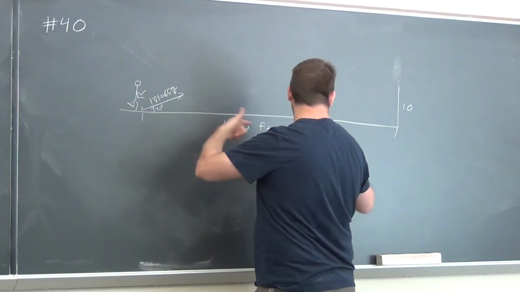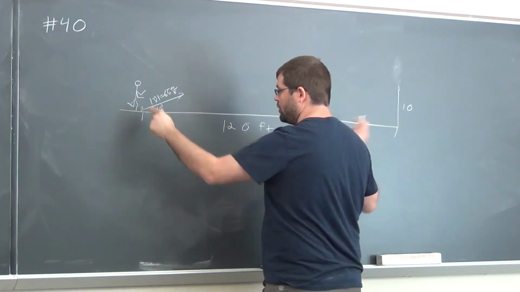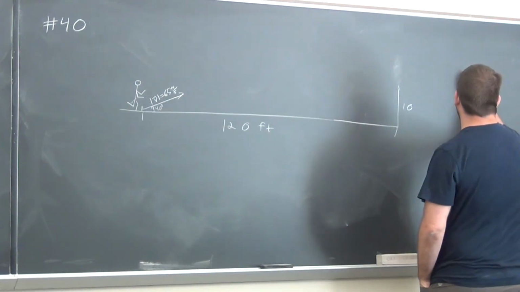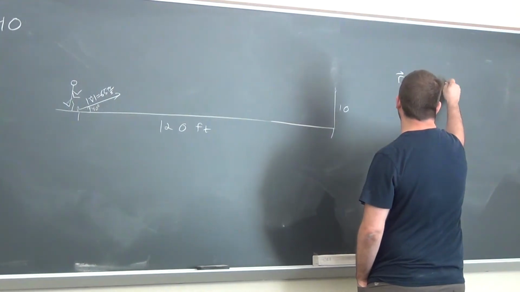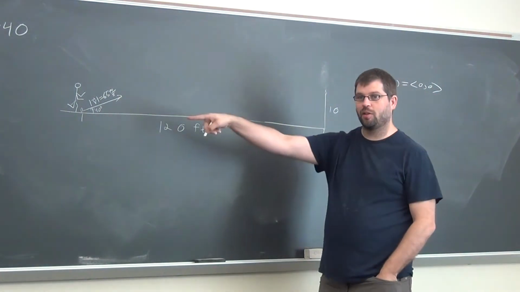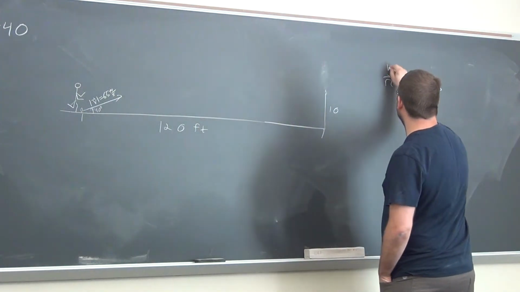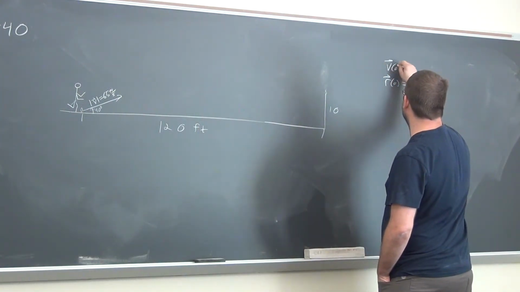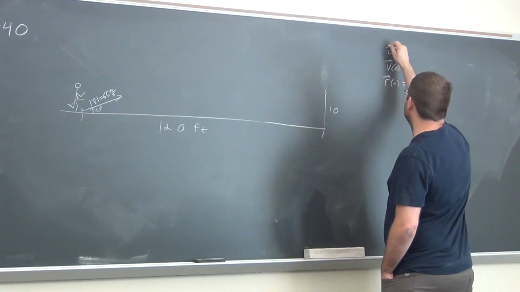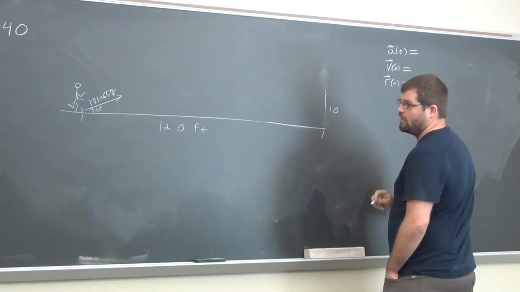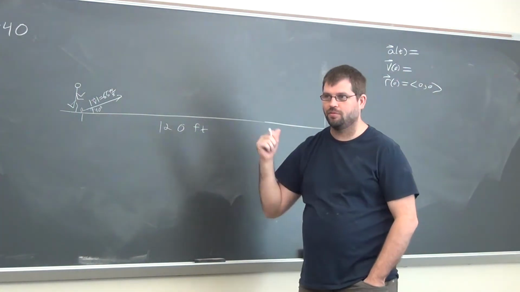You have an initial position of 0, 0, which we're going to say is our starting point. We have an initial velocity, which is your first thing to find, and then you have an acceleration, so figure that out.